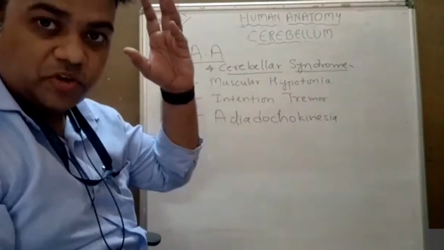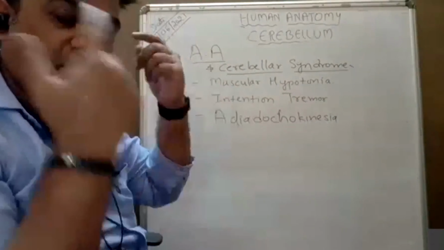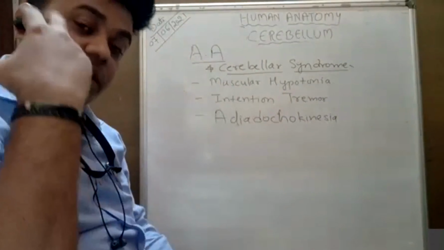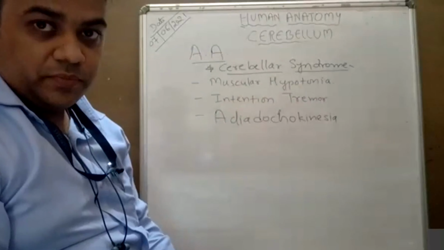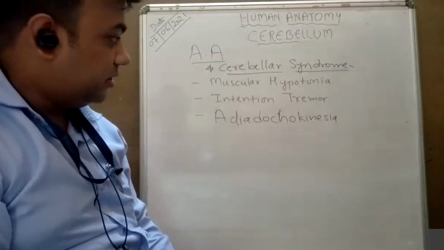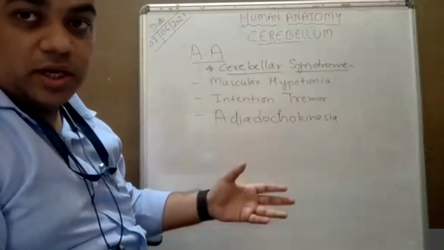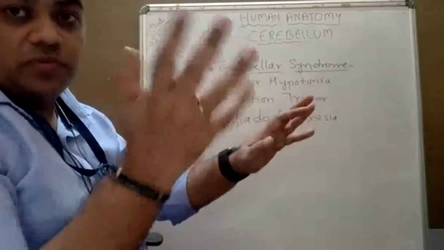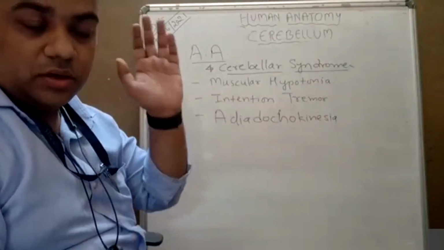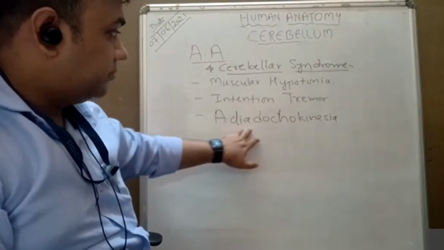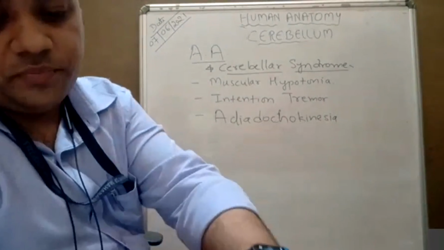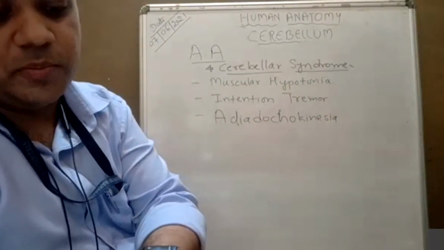The cerebral hemisphere controls the opposite side, contralateral, while the cerebellum controls the same side of the body. So if you have a problem on the right side only, understand that the left cerebellum is affected. Diadochokinesia is the inability to do rapid regular alternate movement.